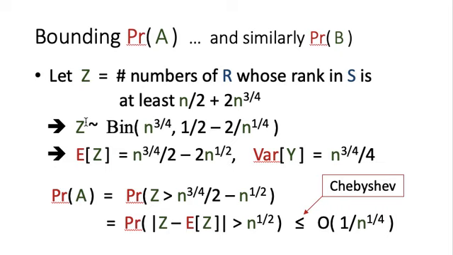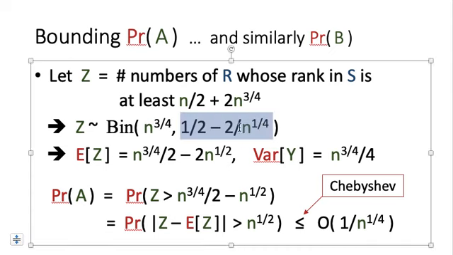The number of large rank numbers is also a binomial random variable with parameter n to the power 3 over 4 and the chance of selecting a large rank number from the set S. And similarly, as before, because it is a binomial random variable, we know the expected value, and also the variance.